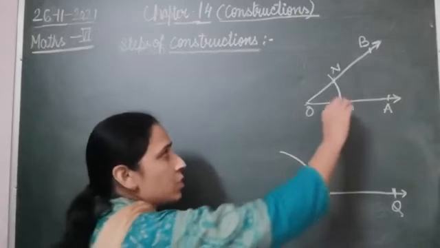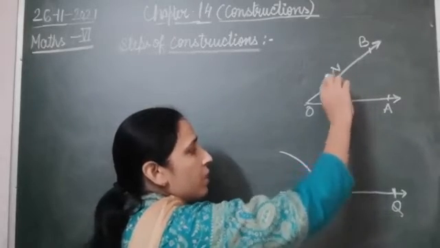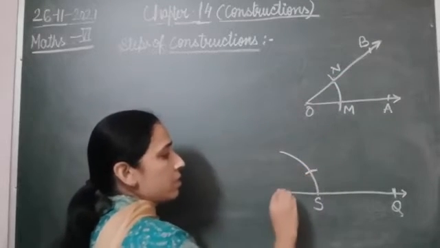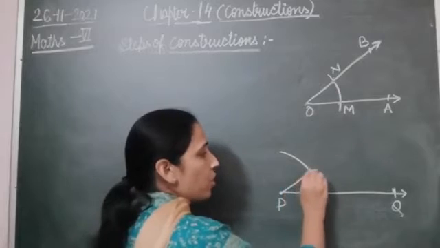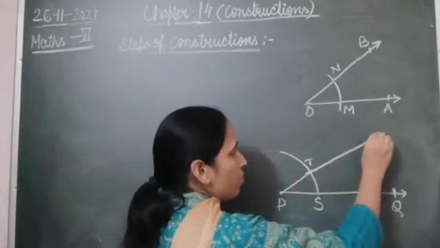And after that, measure the radius from M to N. What is the distance? And then make a cut here.